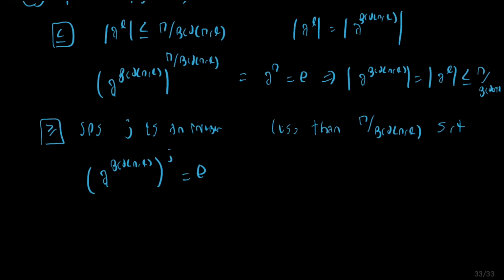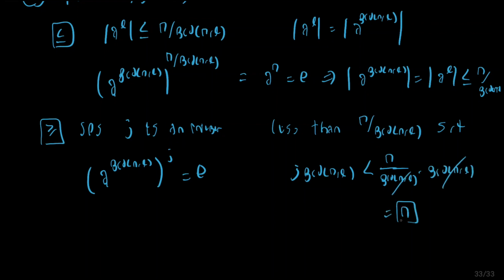Okay, but if that was the case, notice that then J times the GCD of n and L would be strictly less than n over the GCD of n and L times the GCD of n and L, that is equal to n. So this will be strictly less than n.